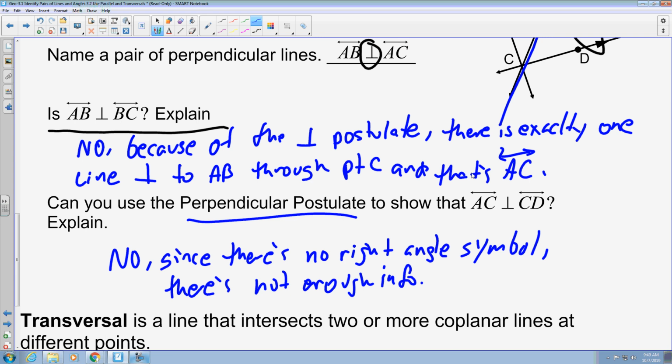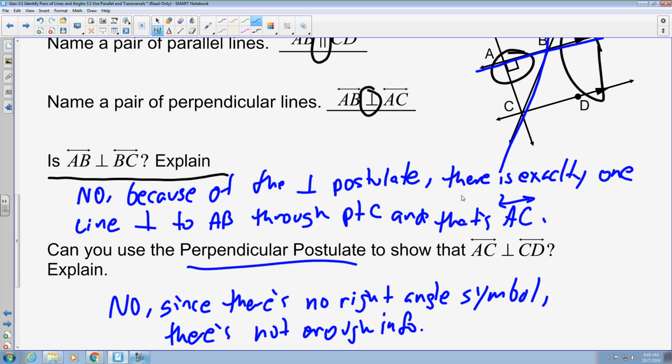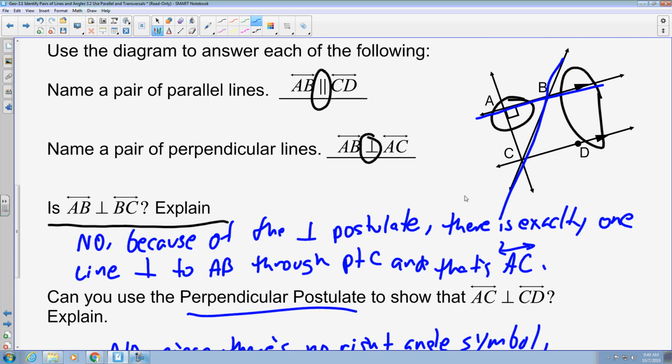It probably is, but you could probably prove it using some other items. So that's what we can say about that.